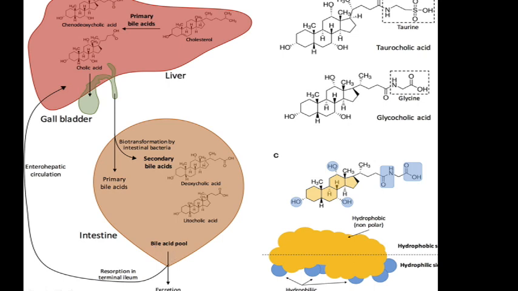Most of the bile acid is again reabsorbed in the terminal ileum and enters through the enterohepatic circulation. It will again go back into the liver. Only 5% will be excreted into the feces.